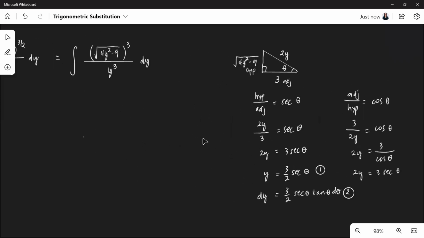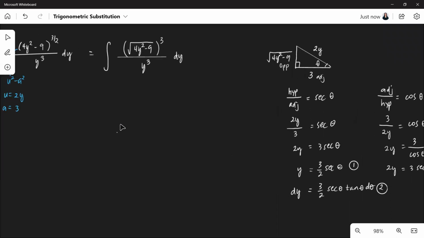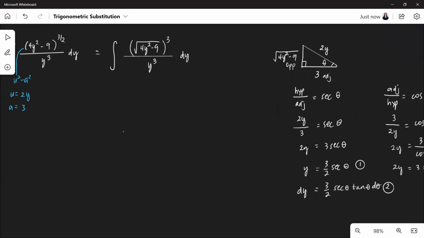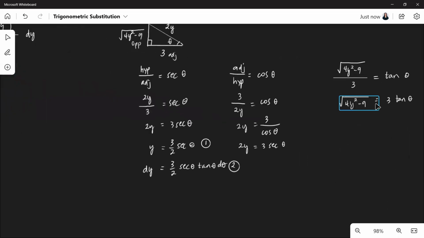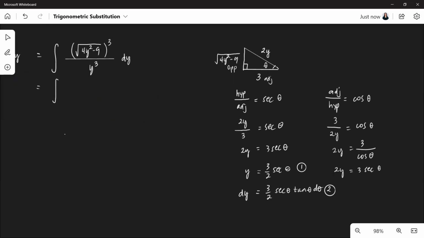So we'll use these equations to transform this into a trigonometric integrand. The square root of 4y squared minus 9, from equation 3, is 3 tangent theta. You need to raise this to a power of 3.